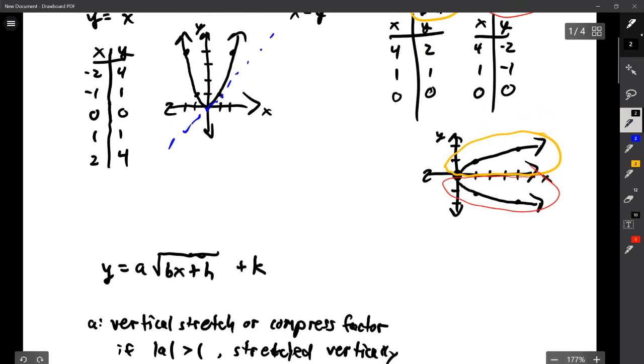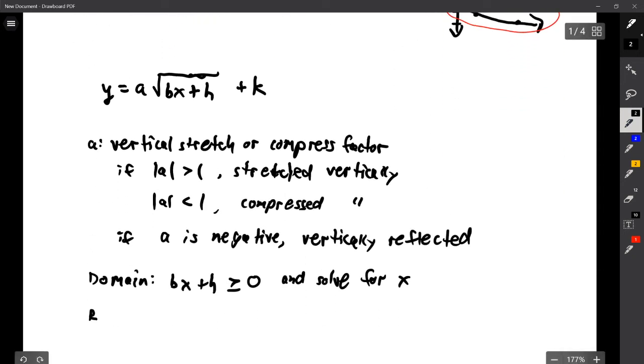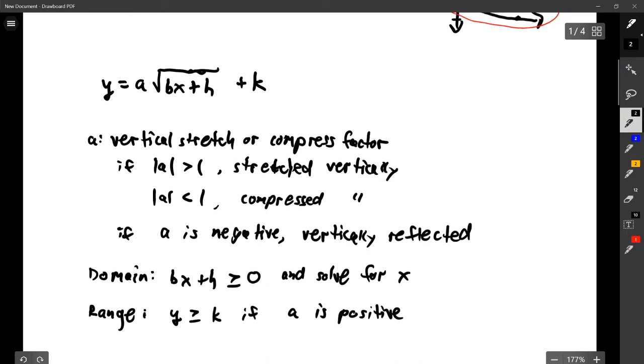And then for what y values our graph will have, our range is y is greater than or equal to k if a is positive, and we have y is less than or equal to k if a is negative.